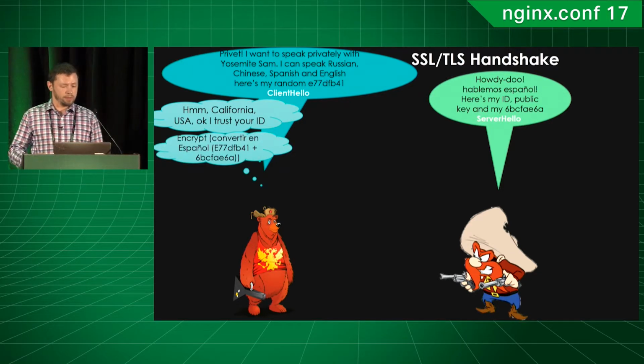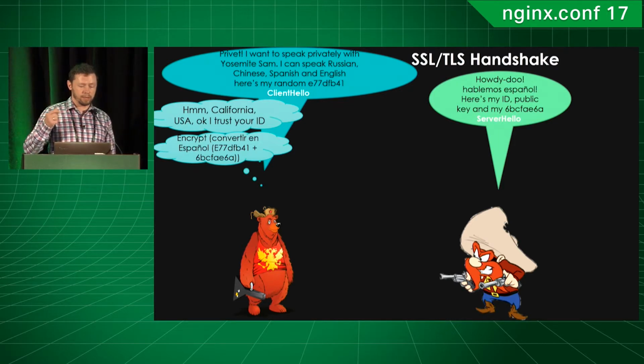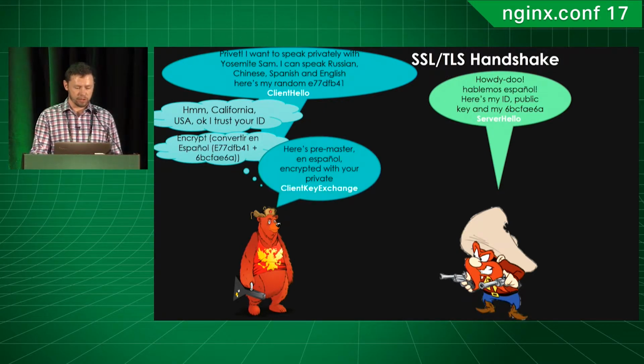Then the client encrypts the combination of the two keys, client key and the server key, encrypts it with the server public key, and sends this information to the server.